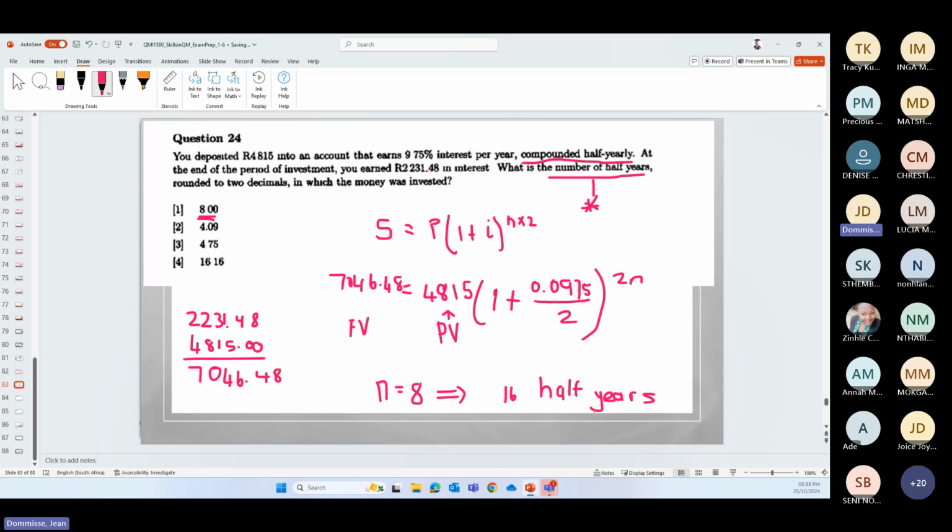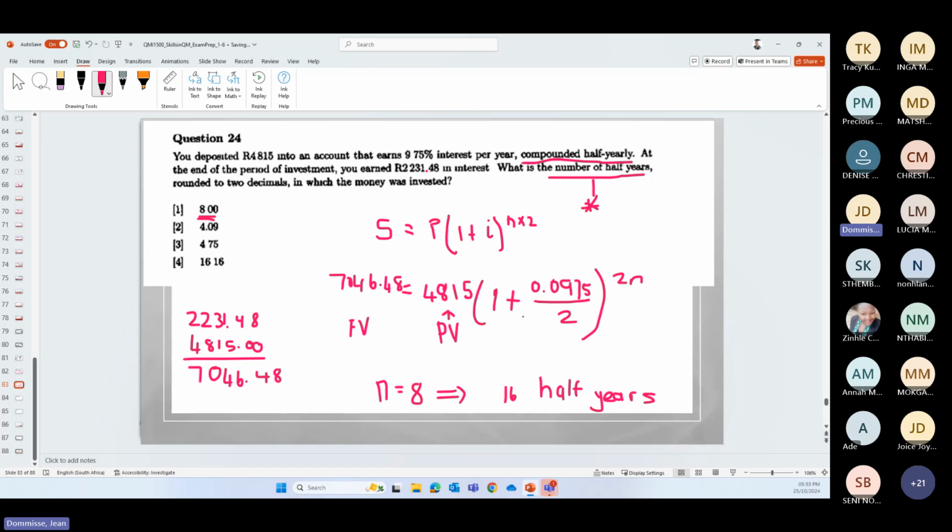Okay, so a bit of a catch in this one, because they said to us it is in half years, and your answer needs to be in half years. So how many half years? It is 8 years, so it will be 16 half years that we are working with.